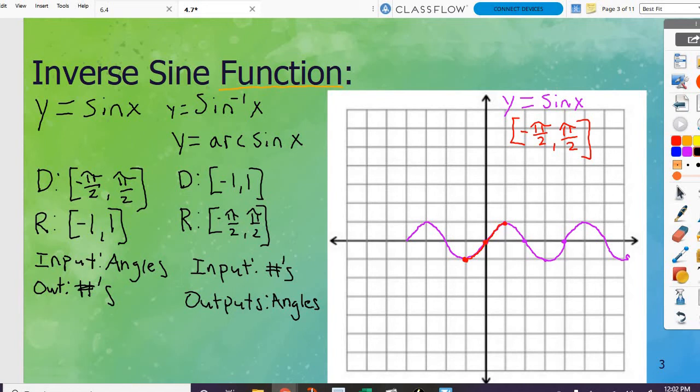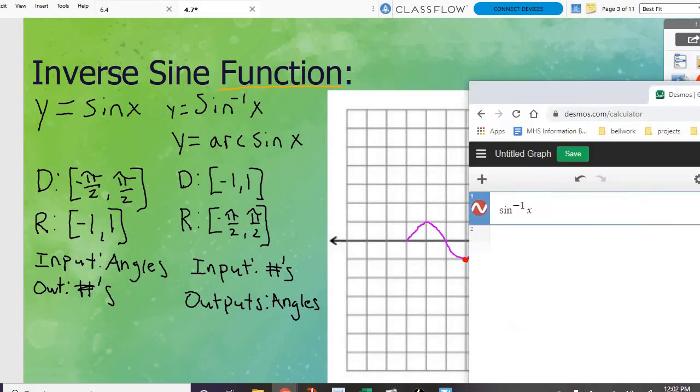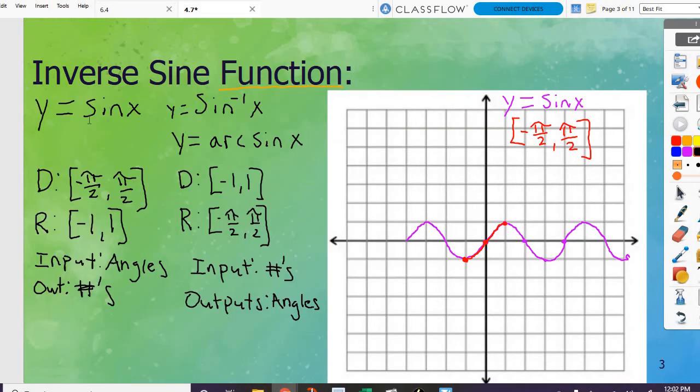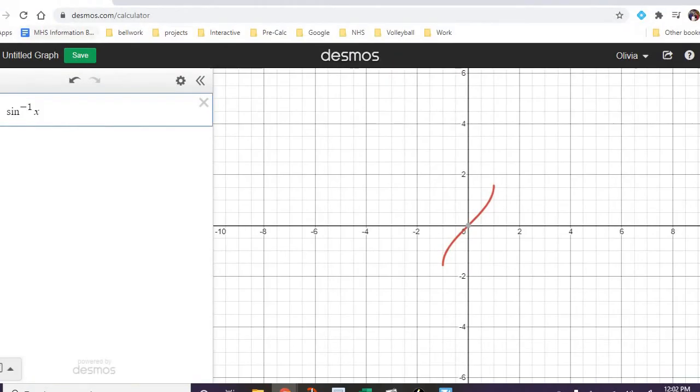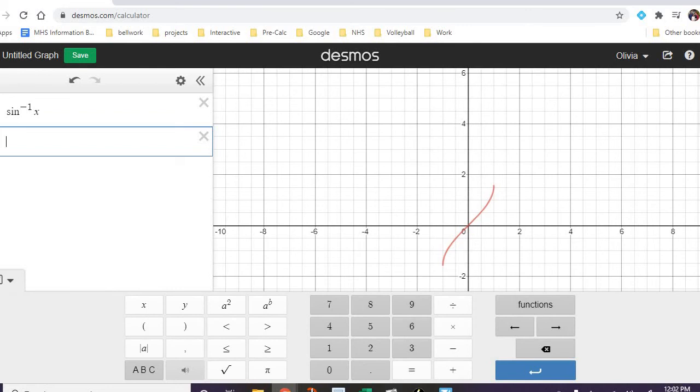So our inverse graph looks something like that. Okay. So notice that it looks a lot like our normal sine graph, like the portion that we chopped off, right? Because remember that our inverse is always a reflection across what?